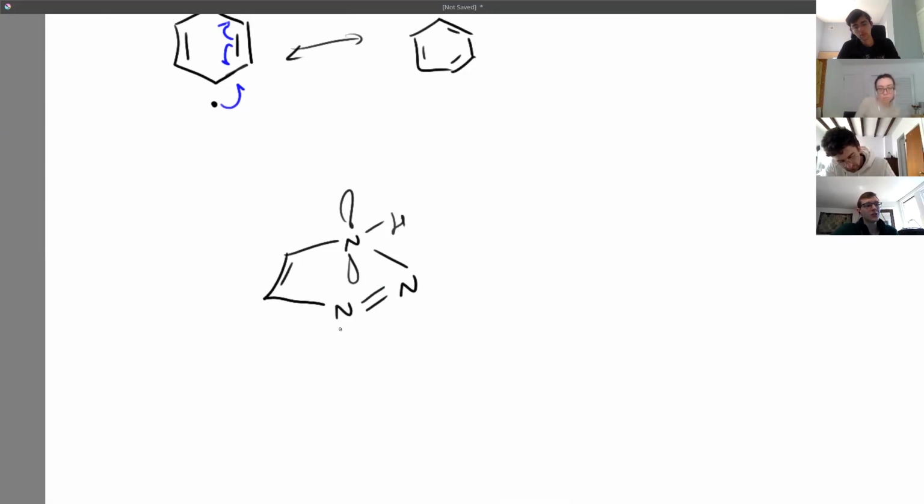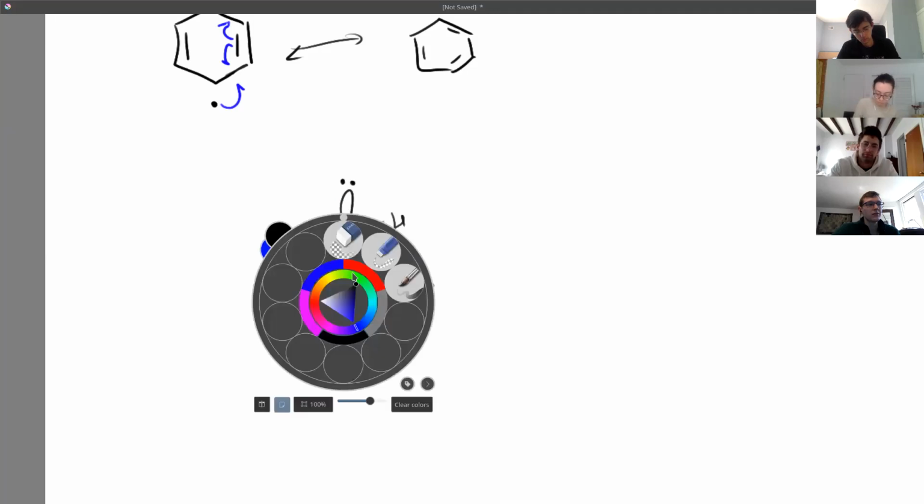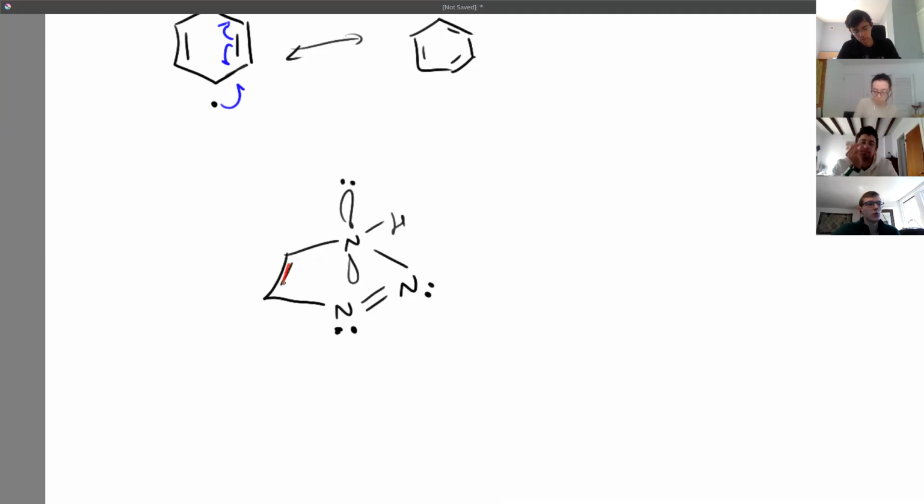These two nitrogens have orthogonal lone pairs because they already have a double bond. This nitrogen doesn't have a double bond, so its lone pair is free. It can move around. And so then you get 2, 4, and 6.